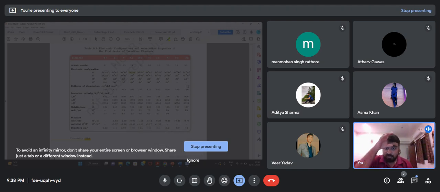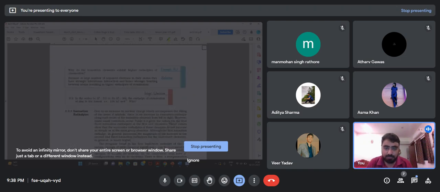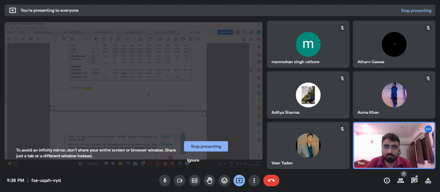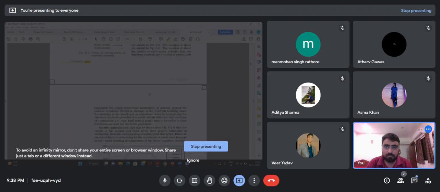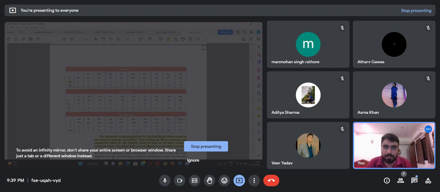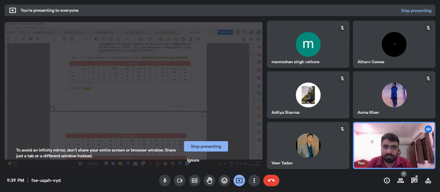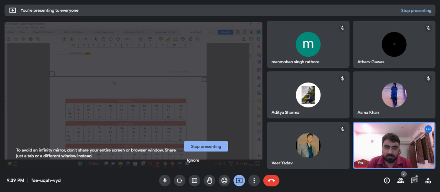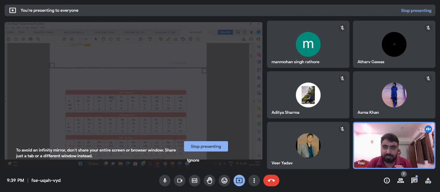Now let's talk about one more example over here. We initially took the example of chromium, which is 4s1 3d5. Now I'm taking the example of molybdenum.